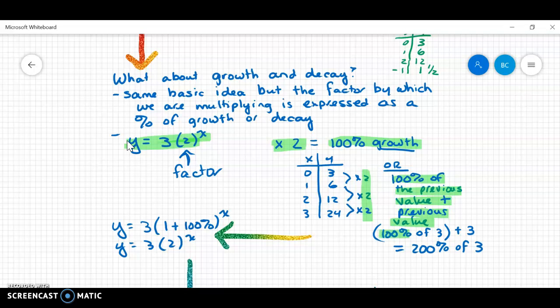So I've got 100% of it right here, and then I've got 100% of the original amount. So that's where the 200% comes from, and we know that 200% is also just 2, which is going back to this factor that we used up here. So it's just a different way of writing it using a percent of growth instead of a factor.